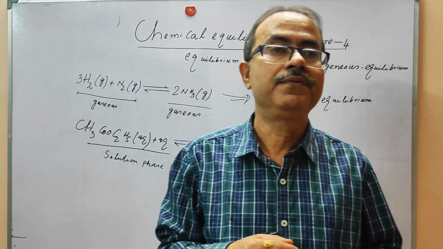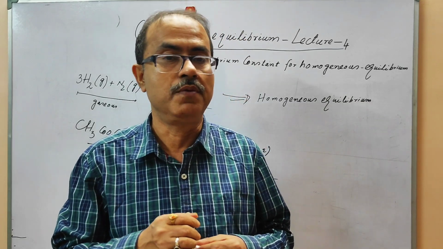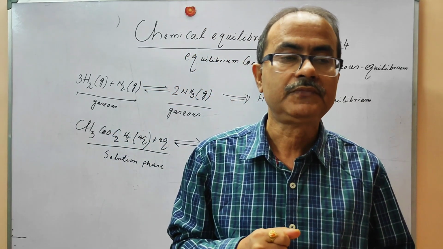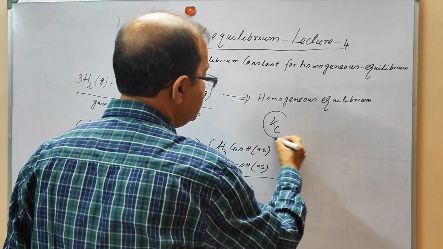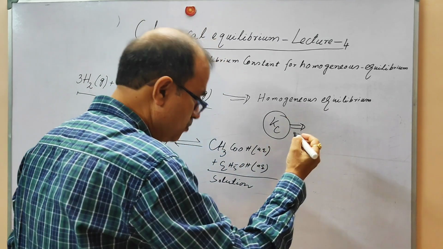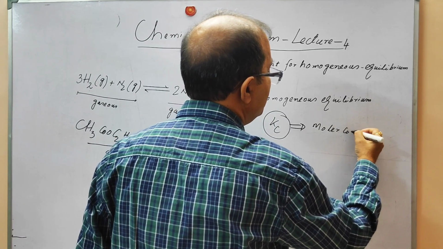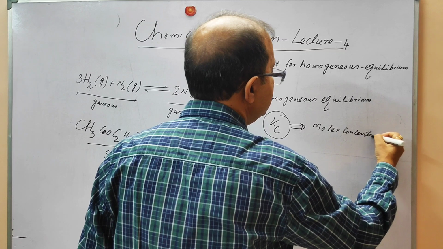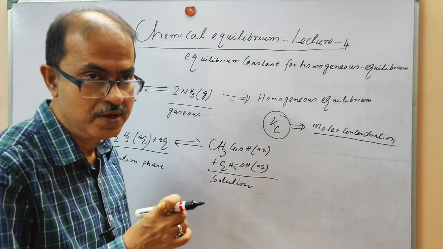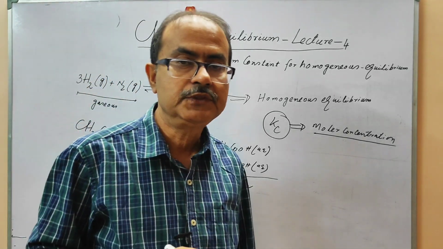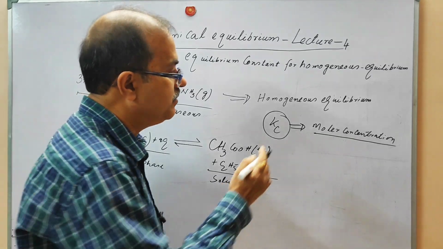So far we have expressed the equilibrium expression in terms of the molar concentration, and it has been represented as Kc. Kc is in terms of the molar concentration. Molar concentration means the concentration is expressed in terms of how many moles of the reactant and the product are present.